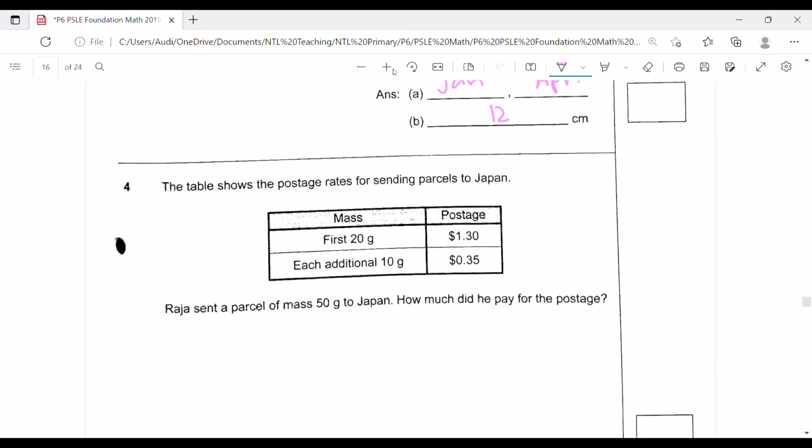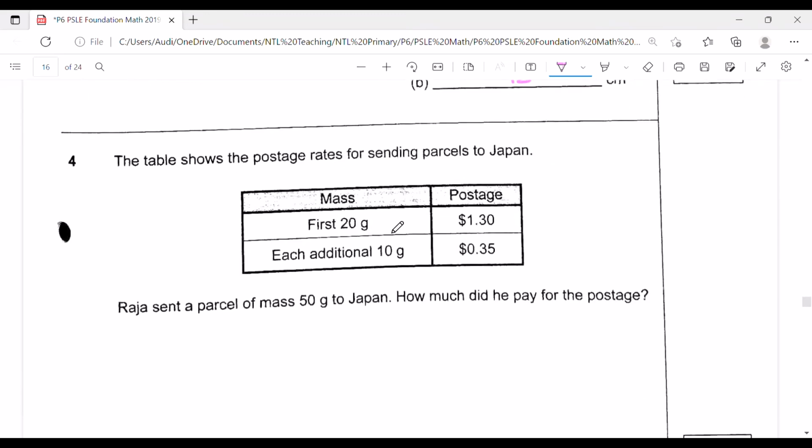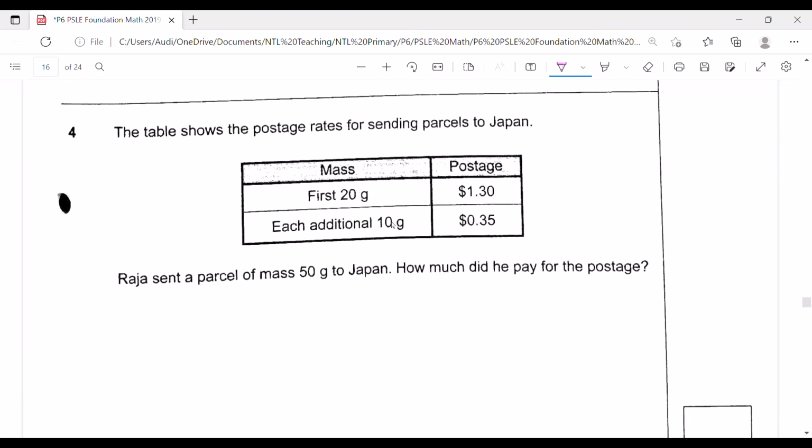Okay, now we're going to go on to question 14. The table shows the postage rates for sending parcels to Japan. The first 20 grams cost $1.30. Each additional 10 grams, that means each extra 10 grams, will cost 35 cents.